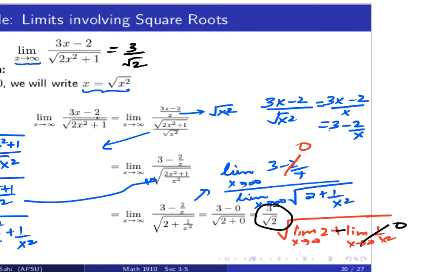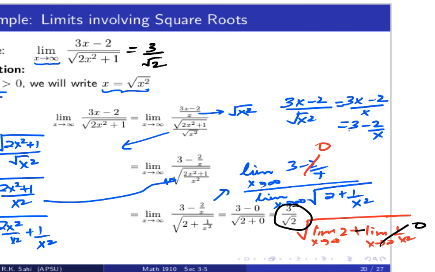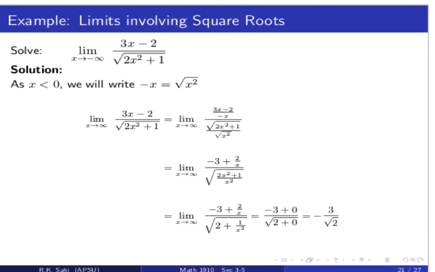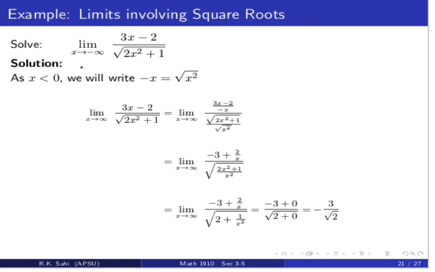Now let's look at another example where x is not approaching infinity but negative infinity. Let's do that. Here, the limit as x approaches minus infinity of 3x minus 2 over the square root of 2x squared plus 1.